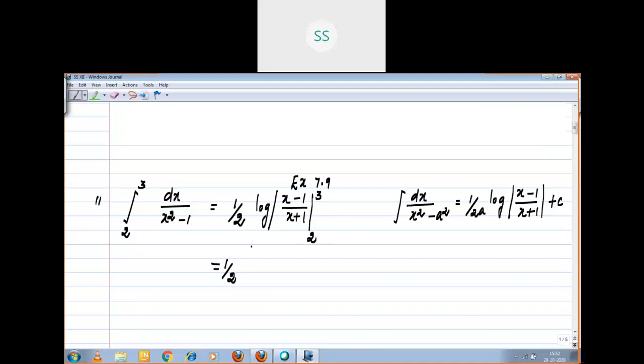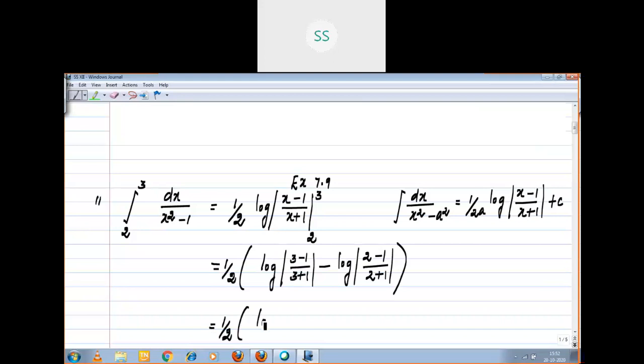Upper limit minus lower limit: log of modulus 3 minus 1 divided by 3 plus 1, minus log of modulus 2 minus 1 divided by 2 plus 1, which is equal to 1 by 2 times log of 2 by 4 minus log of 1 by 3.